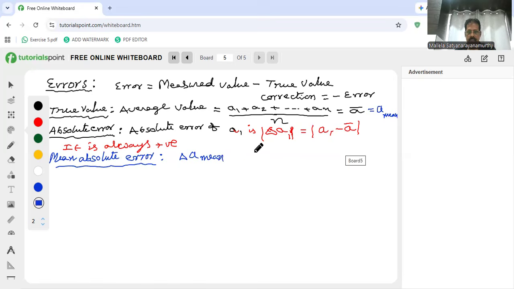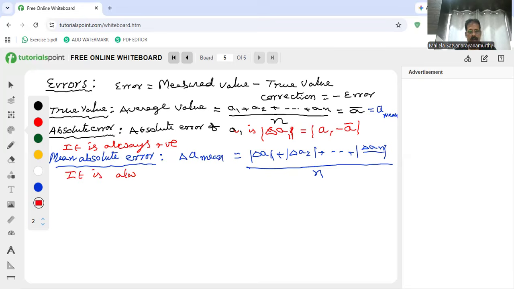Delta A mean is nothing but delta A1 plus delta A2 plus, etc., delta AN, by N. It is also always positive.